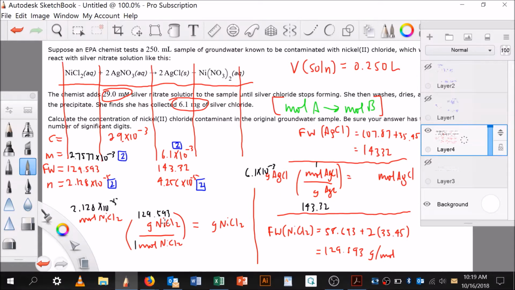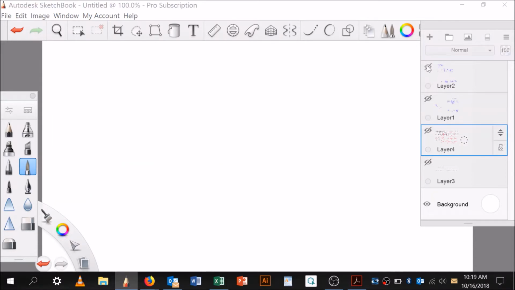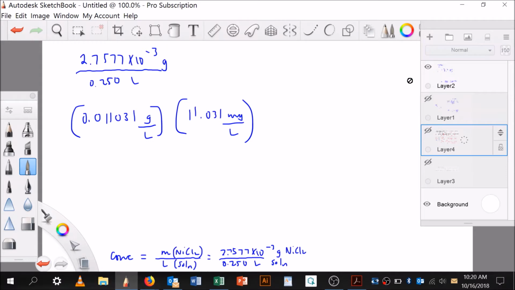So now that we've got that, this is 2 sig figs. Okay, so let's go back now to this. That was 2 sig figs. That was 3. Okay, so our answer is going to be written in 2 sig figs.